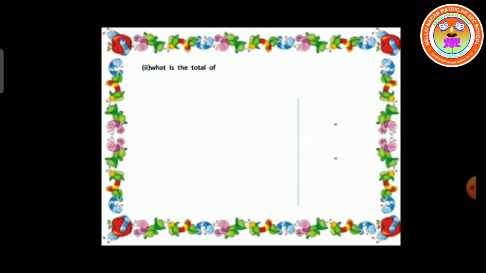Yes. What is the total of 3 1 by 3 plus 4 1 by 6? Students, this is a mixed fraction. How will you do it? Let's see. Take this number, 3 1 by 3 plus 4 1 by 6. It's a mixed fraction. So for the total, obviously you want to do the sum only. How can you do the sum?